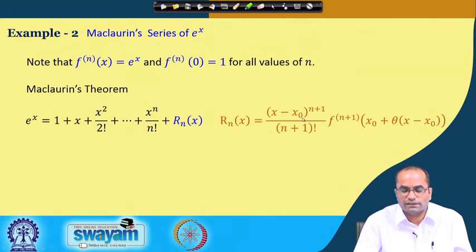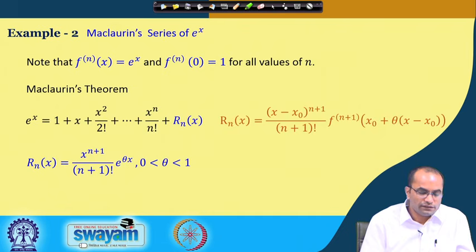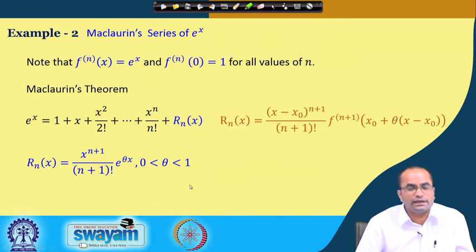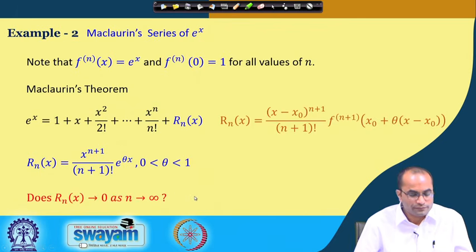The remainder term is (x minus x_0) to the power n plus 1 divided by factorial n plus 1, times the (n+1)th derivative at some point which is x_0 plus theta times (x minus x_0). Here if we substitute x_0 equal to 0, then we get this remainder x^(n+1) divided by factorial (n+1) and e^(theta x), where theta is between 0 and 1.